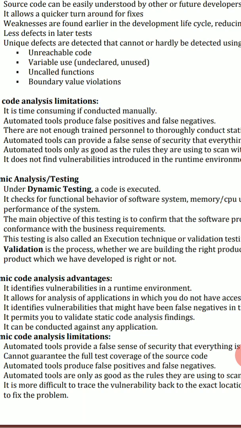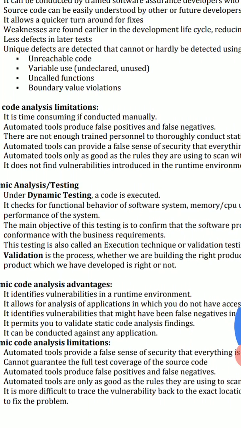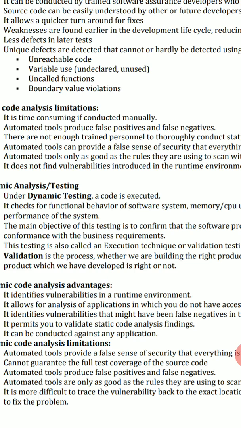Unreachable code means code which is not accessible during program execution. So if you are not accessing that code section at the time of dynamic testing, if it is inaccessible, that means the system will not find the error in those code sections.